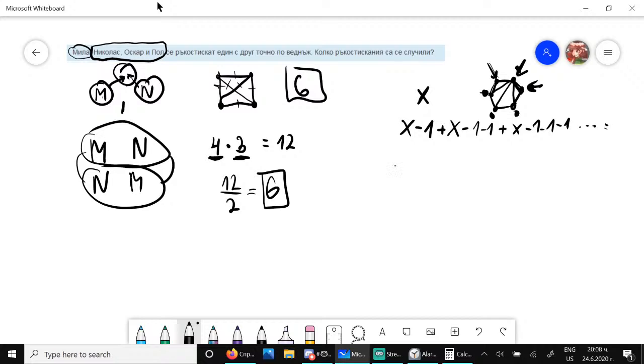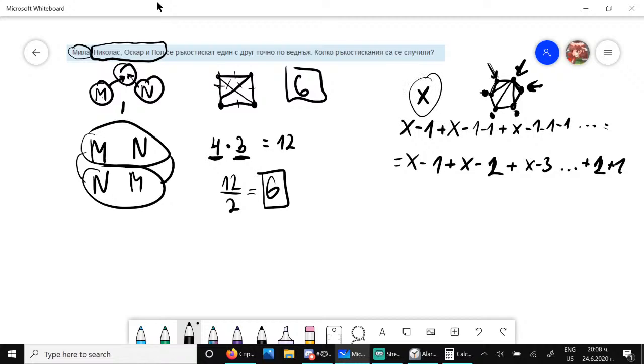So that's equal to x minus 1 plus x minus 2 plus x minus 3 until we get to 2 plus 1. Now that's true for every x.